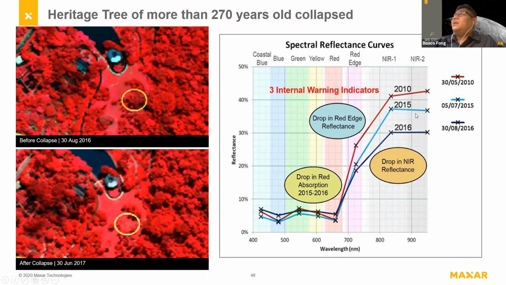We extracted the historical imagery and then did the analysis. We realized that starting from 2010, and also 2015 and 2016, the near infrared reflectance from the tree was actually dropping. So this is one of the warning signs. In the end, this tree collapsed in 2017.